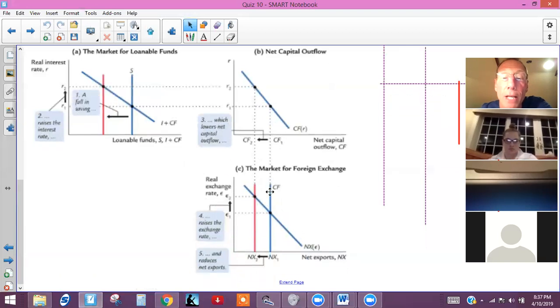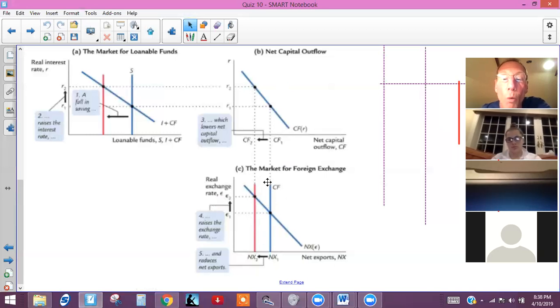Now this graph right here shows the exchange rate on the vertical axis, and we draw that down, and that shows a shift in the capital outflow curve, which is perfectly inelastic here because it's not affected at all by the exchange rate.